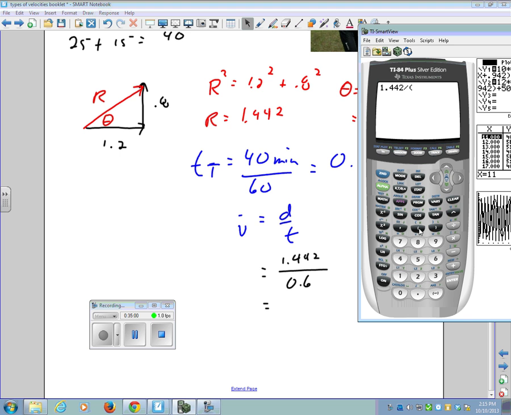Well, I took 40 divided by 60, so I'm going to write 0.6 repeating like a fraction, which is 40 divided by 60. But it's got to be inside brackets. Because 0.6 repeating and 40 over 60 are the same thing. So I get 2.163.